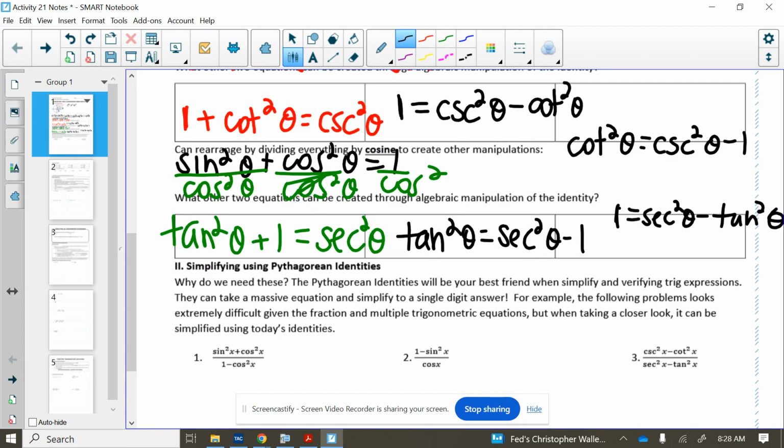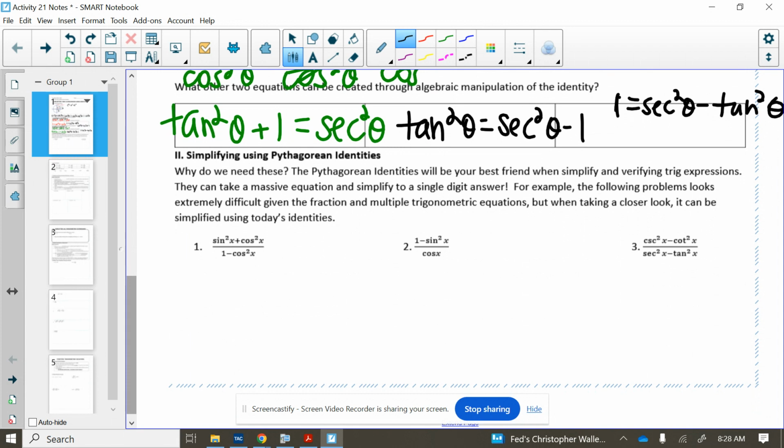So again, these are some different formulas and manipulations that can help us eventually simplify and solve things down. For instance, we see some examples down below where this could be helpful to us. In number 1, if we know that sine squared plus cosine squared is our Pythagorean identity of 1, we can make that substitution in.